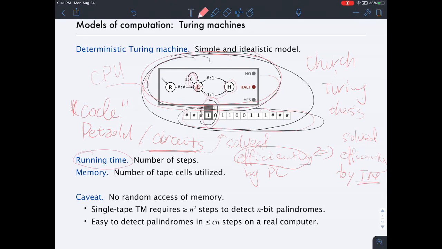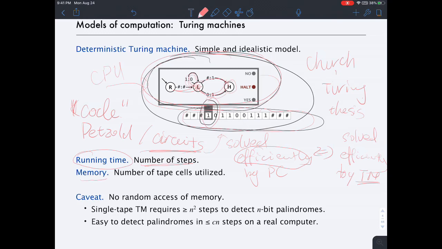It's really just the number of movements in the state machine, the number of steps. You move back and forth, and you count the number of movements when you travel across this state machine. This is the running time.